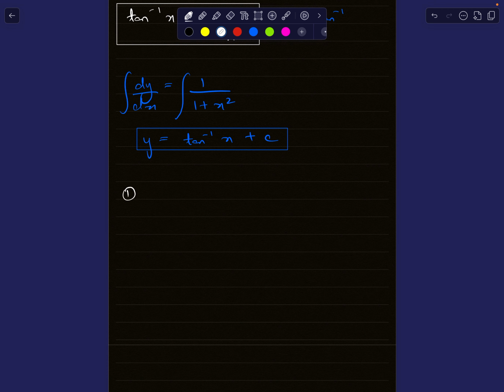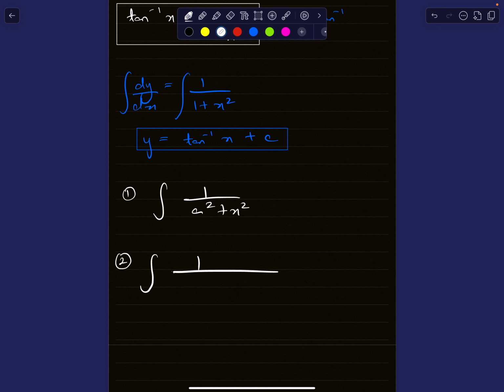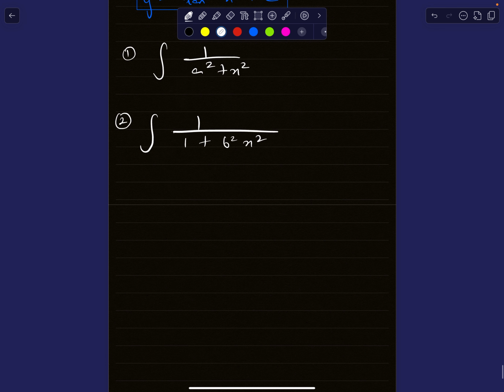The first is the integral of something like 1 over a square plus x square. The second concept being 1 over 1 plus b square x square. And the last and final sub concept being something like 1 over a square plus b square x square.